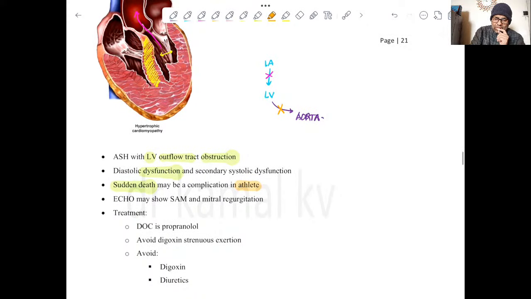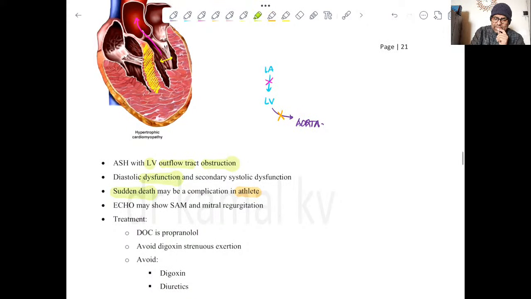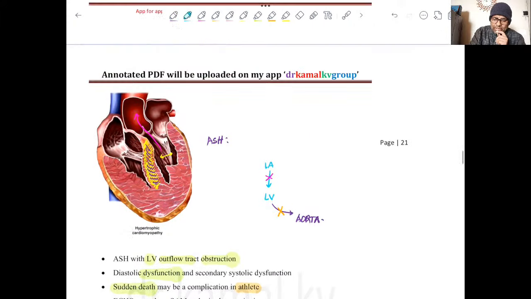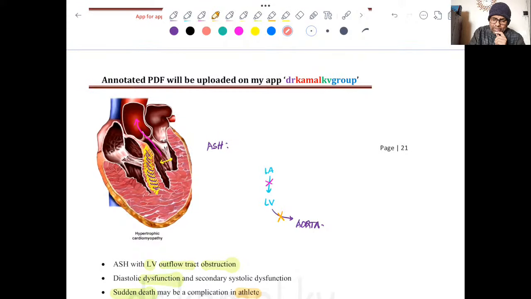Now what we see on echocardiography, apart from this asymmetrical septal hypertrophy, this is known as ASH, clear? So this is ASH, asymmetrical septal hypertrophy. Why are we saying asymmetrical?